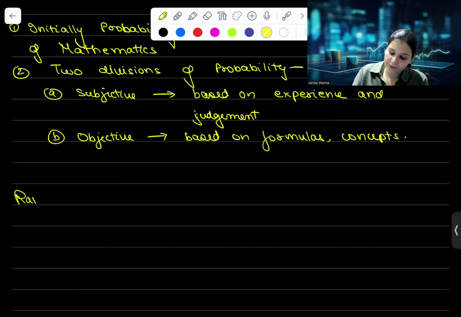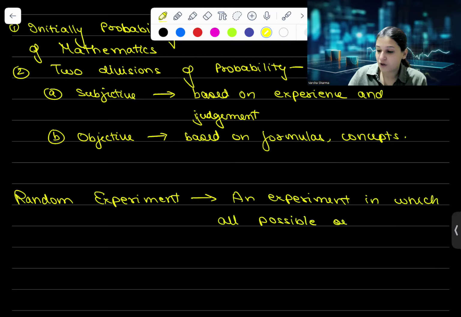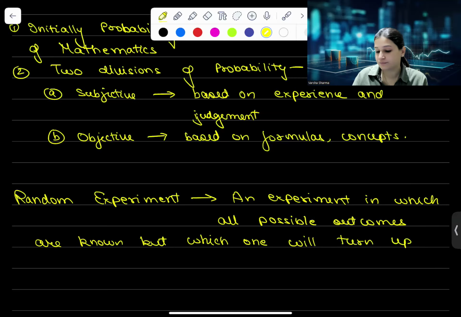Then we talked about random experiment. An experiment in which all possible outcomes are known, but which one will turn up in a particular trial is uncertain.